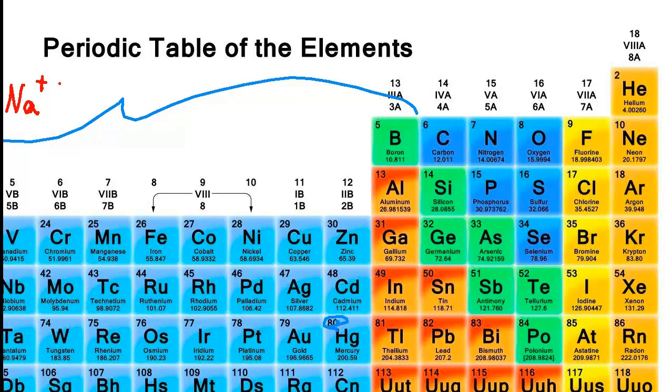When we start looking at these nonmetals, let's take sulfur for instance. Sulfur only needs to gain 2 electrons in order to have the electron configuration of argon. So it's going to more readily pick up 2 electrons than it is going to attempt to get rid of 6 electrons and retreat all the way back to neon.